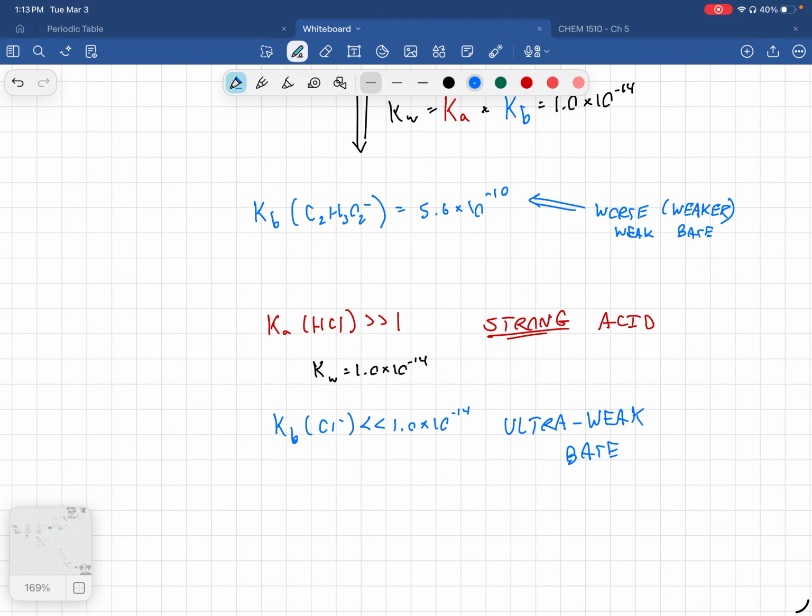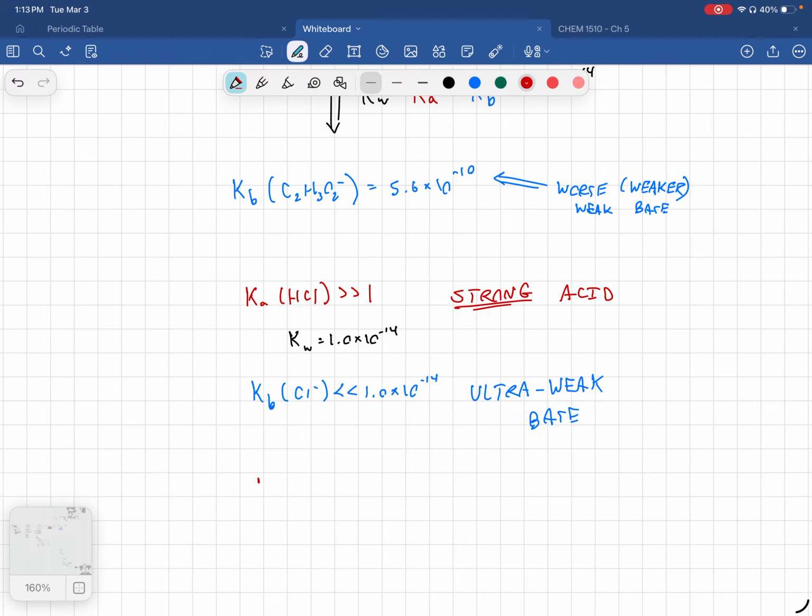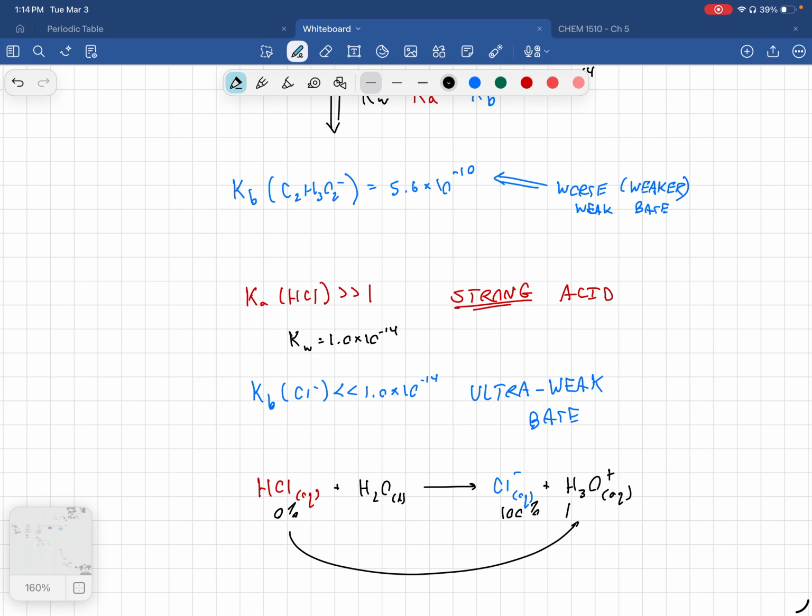In fact, remember, HCl is such a strong acid that when we write this reaction, we don't write a double arrow as if it is an equilibrium. Effectively, 0% of this is left in solution and 100% gets converted to Cl minus and H3O plus.